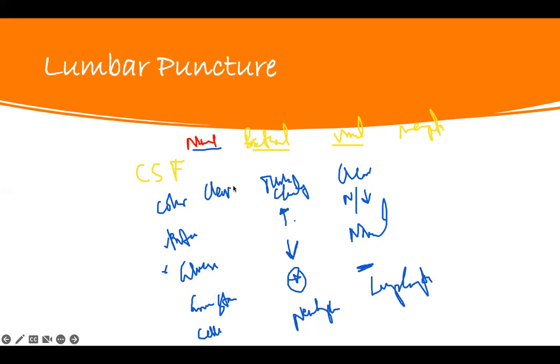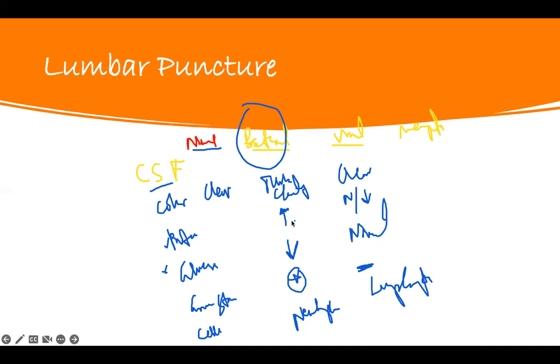I don't think they will bother you, but even in the next gen questions or current ones, they will tell you the protein in the fluid has increased or the glucose has decreased. So if it's a bacterial infection and you do a CSF, it will look turbid.